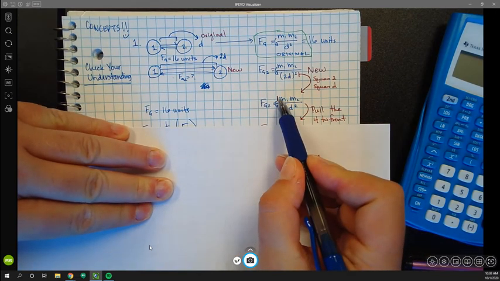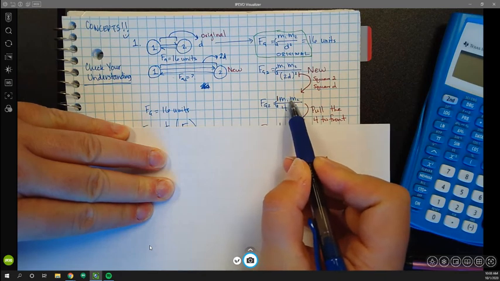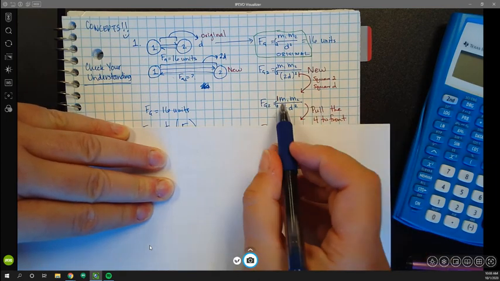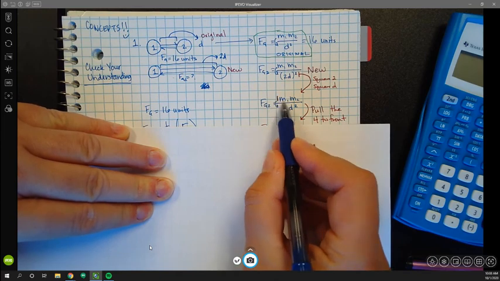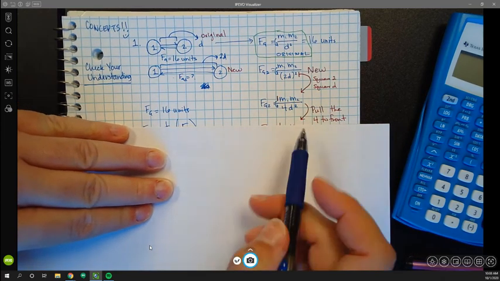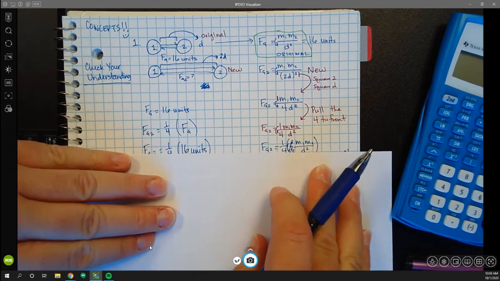One thing that we can always know is that if we have a value here and we multiply it by 1, it's going to be the same value. So we can always use that truth in mathematics. So I'm going to put a 1 here because that doesn't change anything that we're doing at all. And I'm going to pull the 4 out to the front.